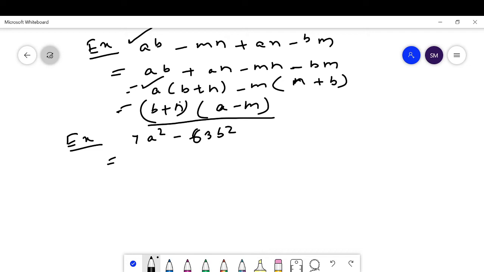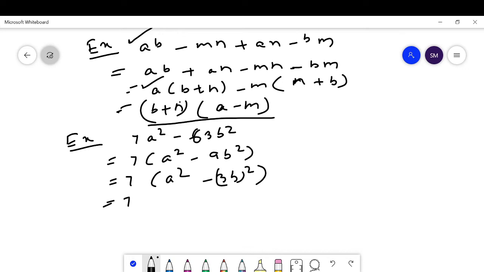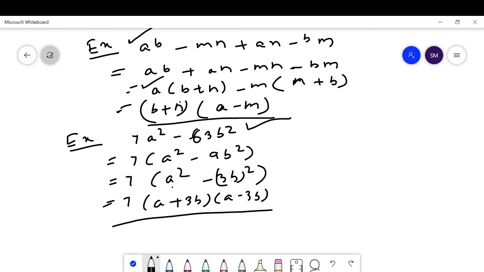Then 7a square minus 63b square, taking 7 common, this is a square minus 9b square. 9b square can be written in the form 3b whole square. Then 7 common, this is a square minus b square form. Recall the identity: a square minus b square is equal to a plus b into a minus b. Then this can be written as a plus 3b into a minus 3b. Here is the factorization form of the given algebraic expression.